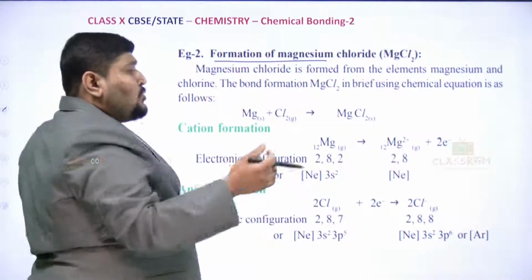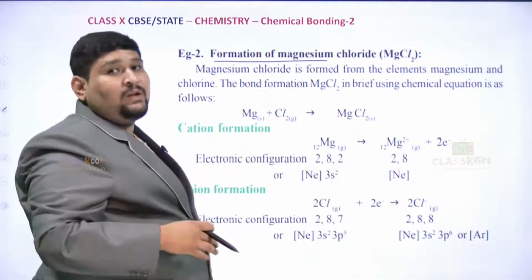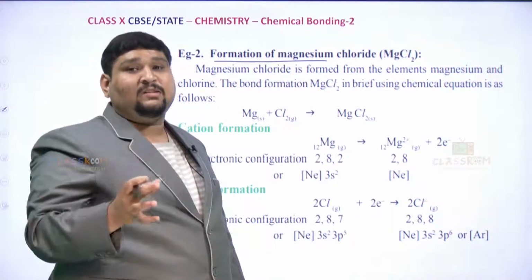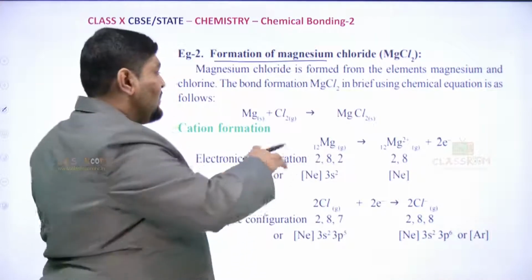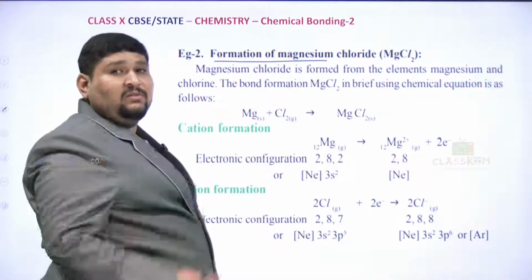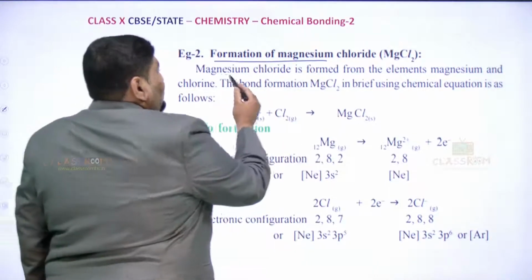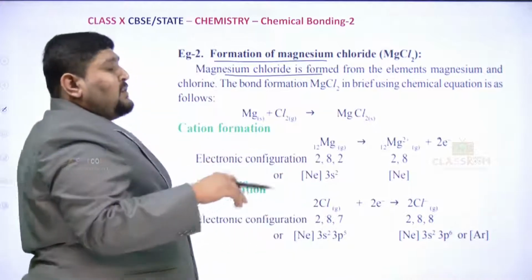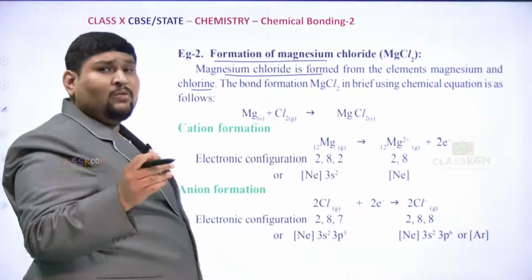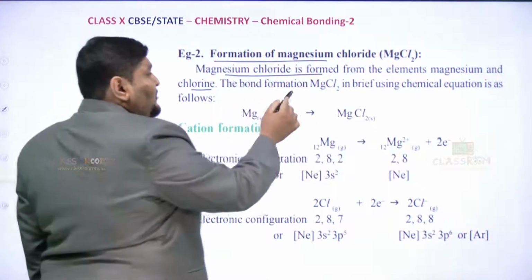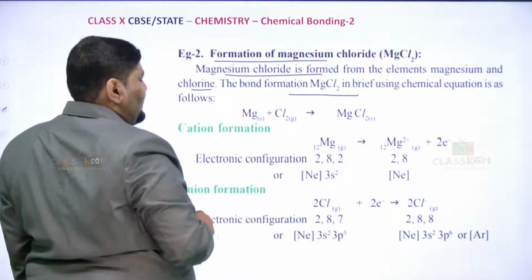The same explanation of the formation of magnesium chloride, that is, the ionic bond formation, we have done with the Lewis dot structure representation, and we need to see how the losing and gaining of electrons takes place. Magnesium chloride is formed from the elements magnesium and chlorine, and the bond formation, briefly, you can see here with chemical equations.